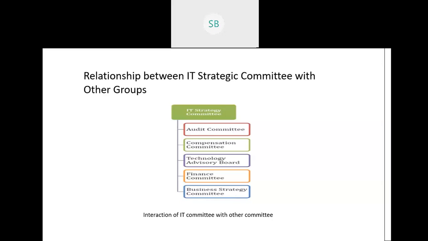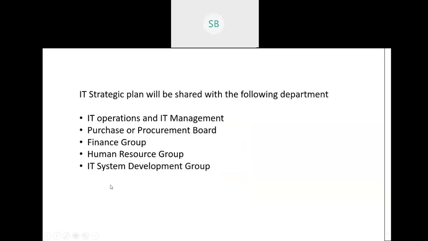This IT strategic plan will have an effect on these departments. First is IT operations and IT management. When a new system comes into place, IT management and operations should be ready to maintain it, and to carry on the operations.